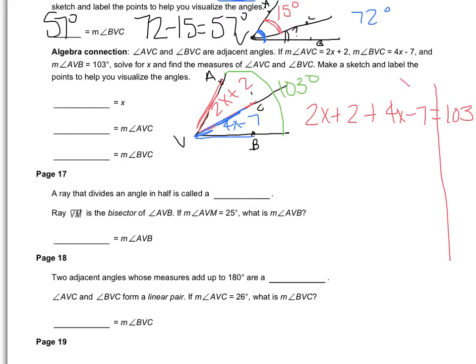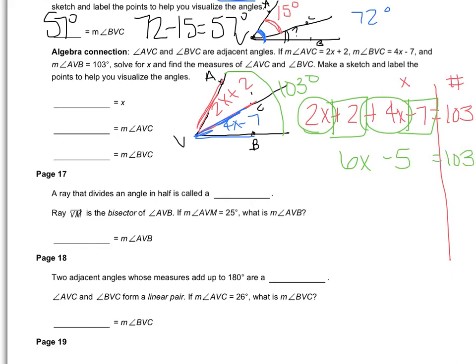So that means I need to get x's on one side, my numbers on the other. Before I do that, I'm actually going to combine my like terms. My like terms are, in this case, 2x and 4x because they both have x, and then plus 2 and minus 7 because they're both numbers. 2x plus 4x is 6x, and a positive 2 minus 7 is negative 5, and that's going to equal 103.